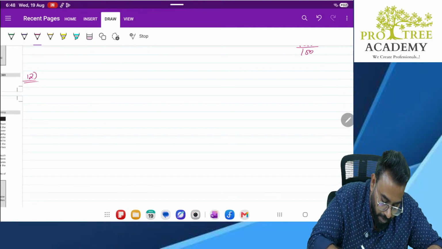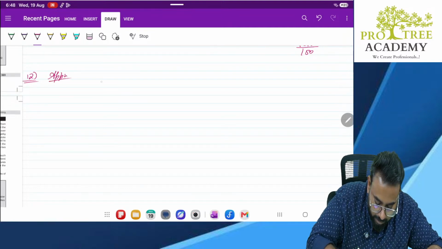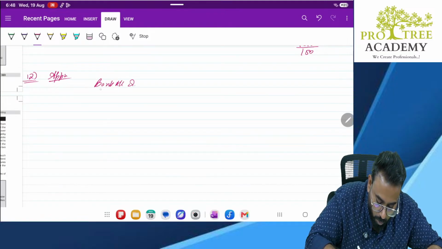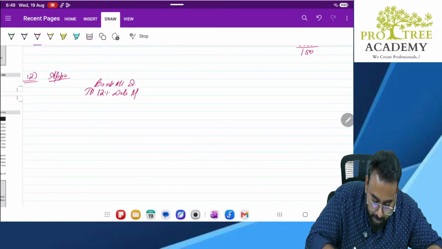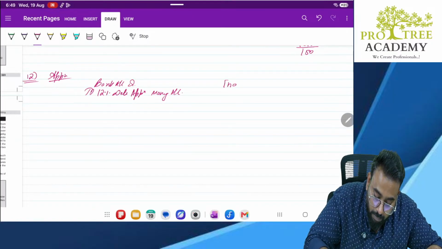What is the first entry, Appa? On receipt of application money. Correct? Bank account debit to 12% debenture application money account. How many applications received? 12,000 applications received.